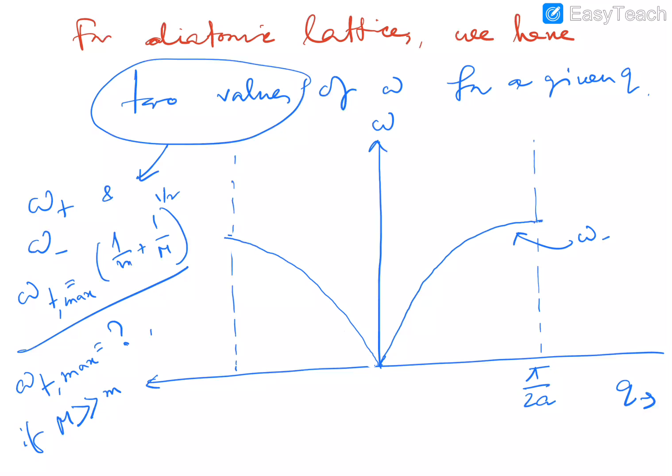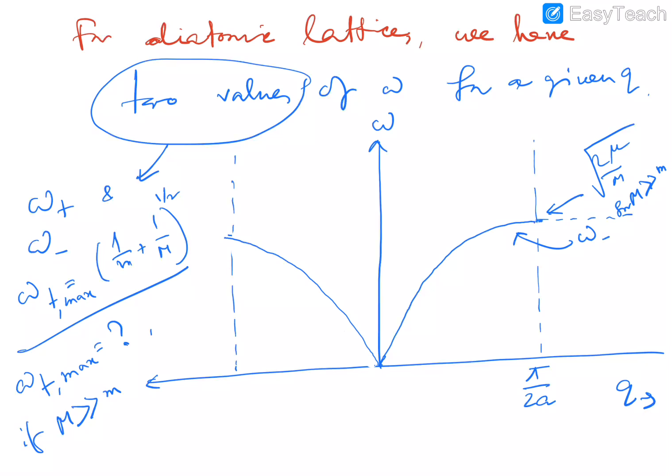So this corresponds to the square root of 2 mu by M, for capital M very much greater than small m. Okay, so the other frequency, omega plus, right? The maximum value we can calculate, right? So this is 1 upon the square root of 1 upon m basically.